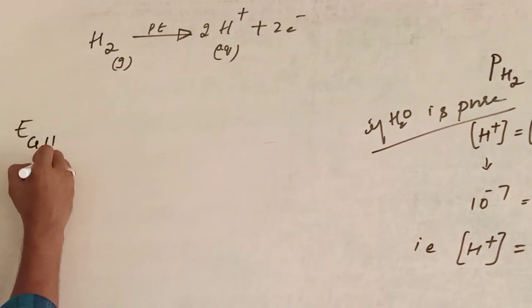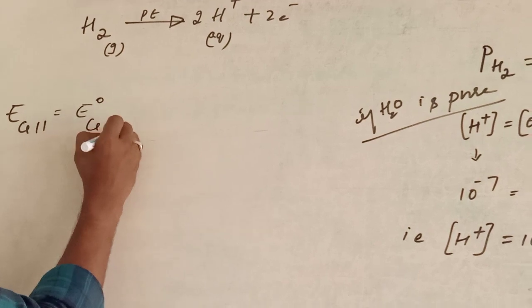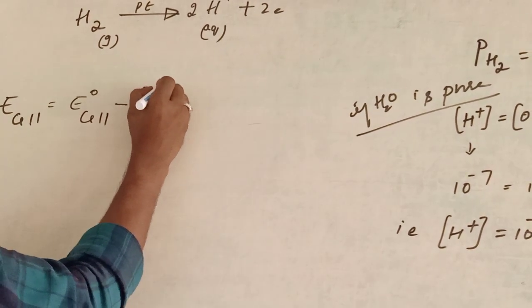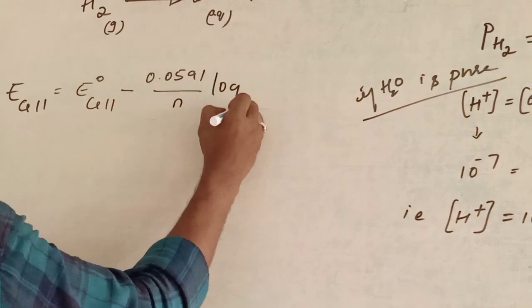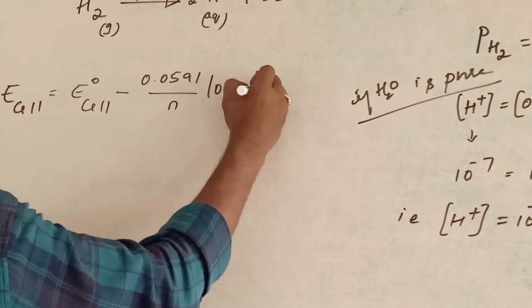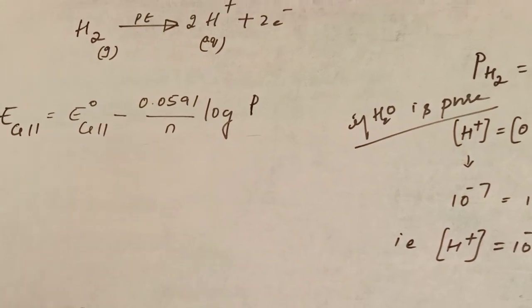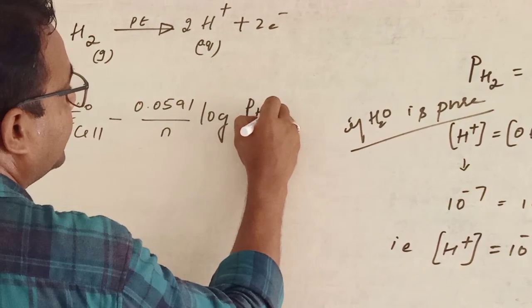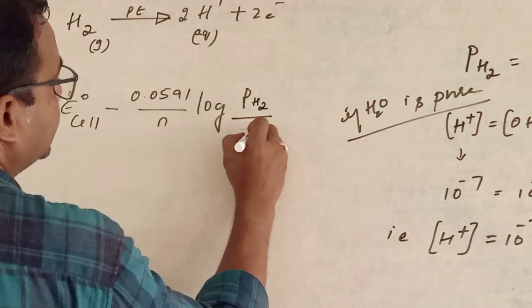Now, E cell is equal to E naught cell minus 0.0591 by n log of, since it is given in terms of gaseous state, we can take the partial pressure of hydrogen by the molar concentration of hydrogen ion.